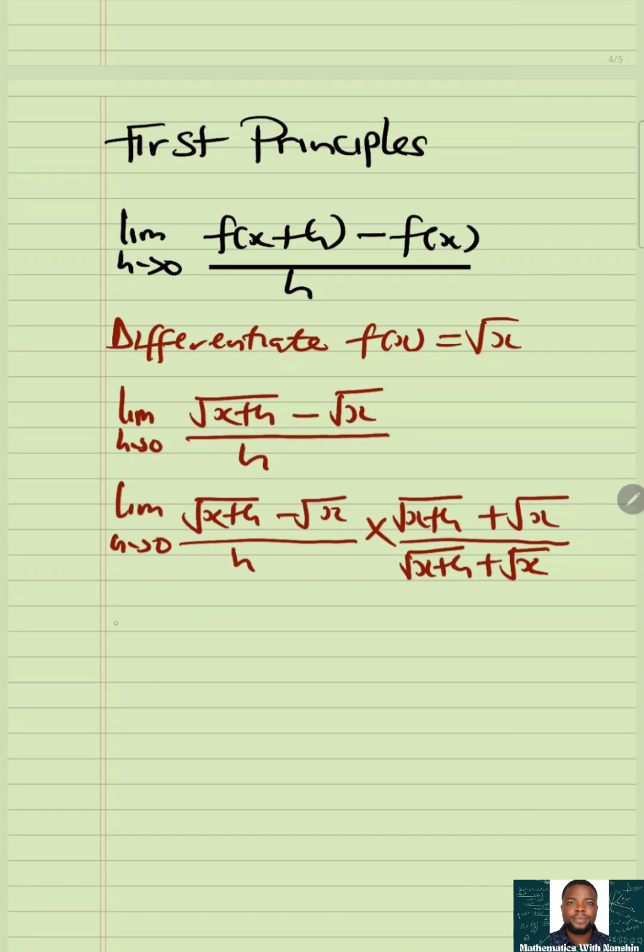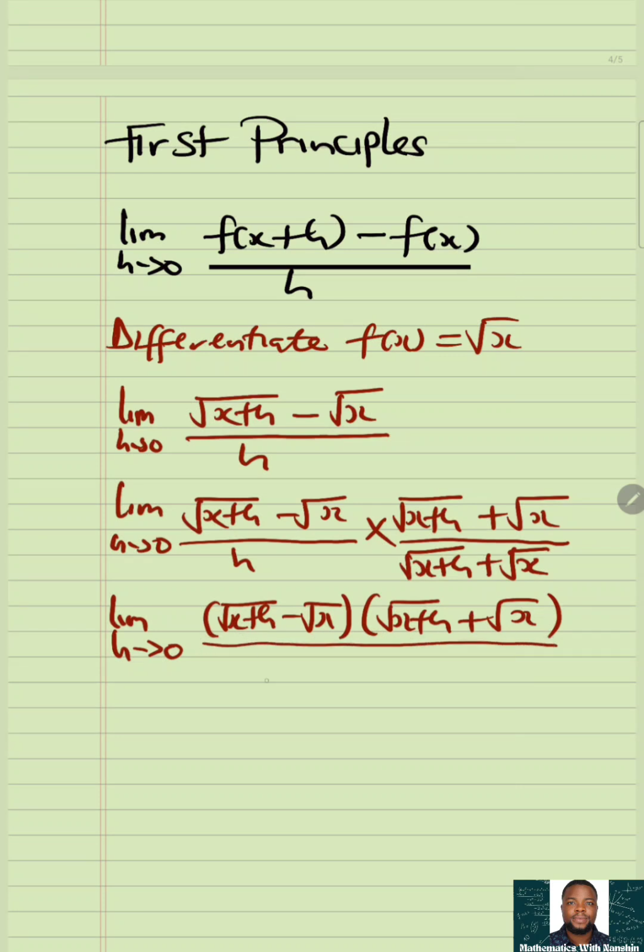All right, we can still group them in brackets. So grouping them in brackets, we're going to have the square root of x plus h minus root x, times the square root of x plus h plus root x, all over, you can bring a bracket here, root of x plus h plus root x.